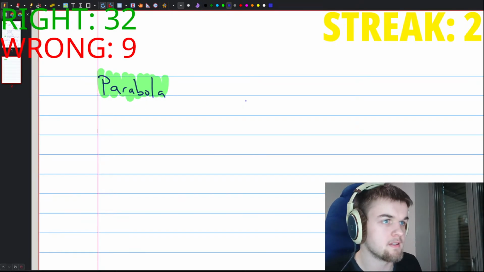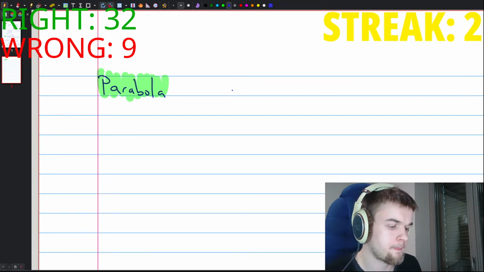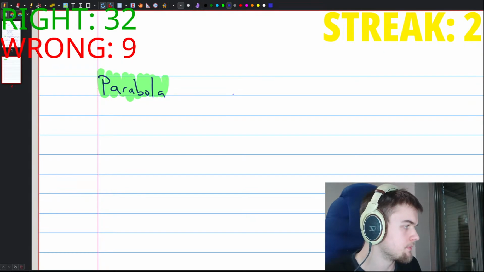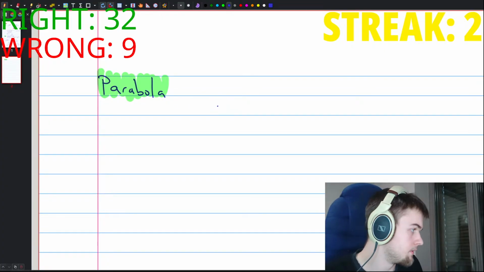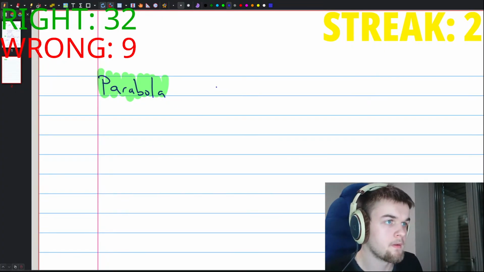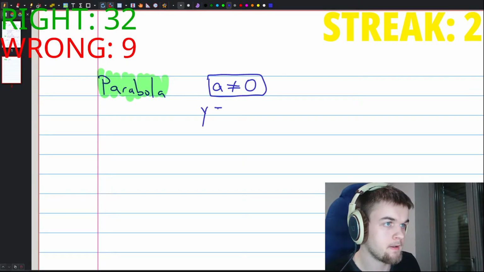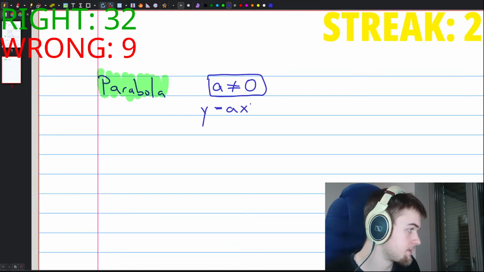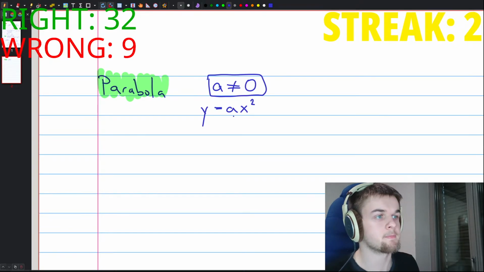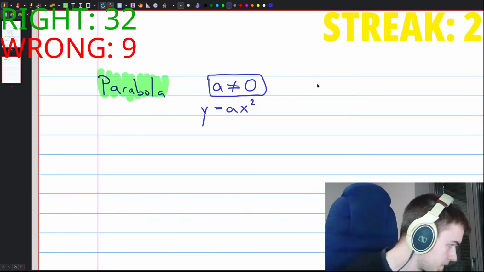Oh good, this is just basically... a can of course be 0, and we get y equals a x squared, not exponential, but quadratic, sorry.